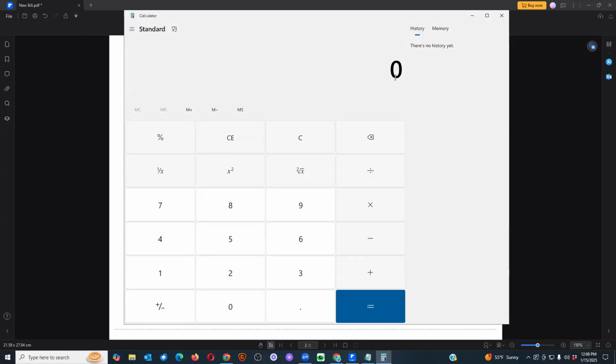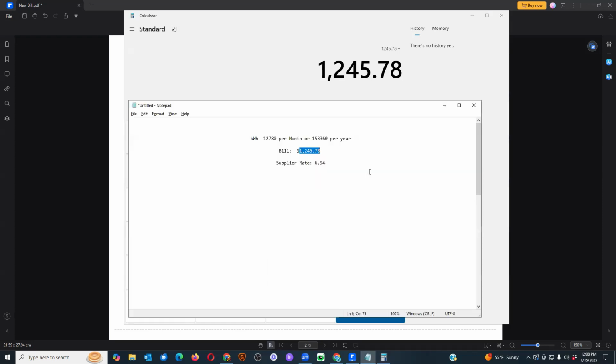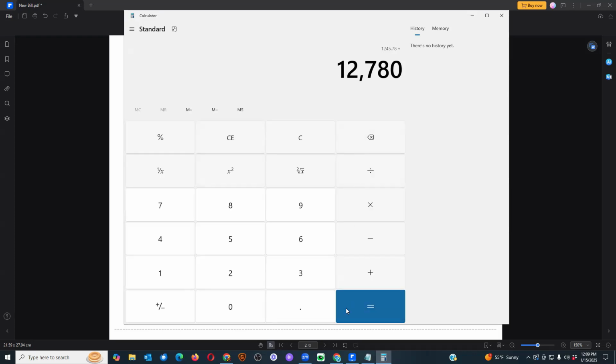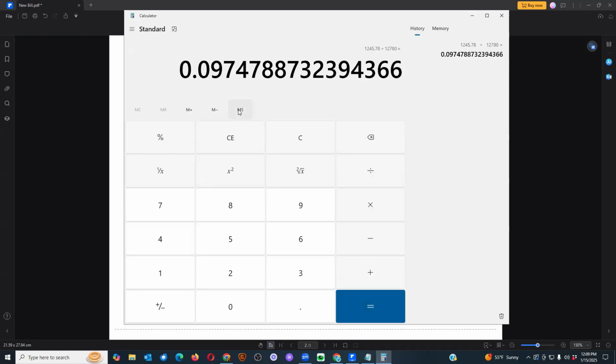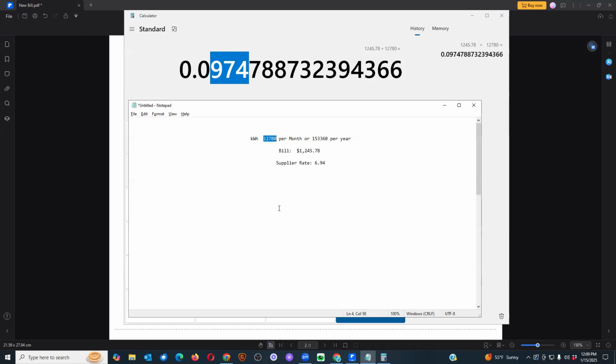And we take the total and divide that by the total kWh that is being used, you're going to see that their real cost is 9.74. So that's really important to keep in mind.